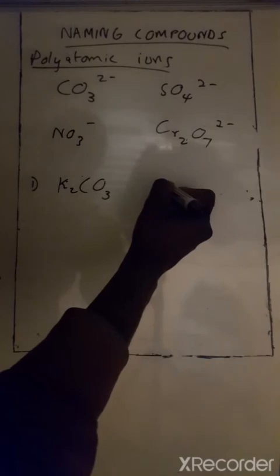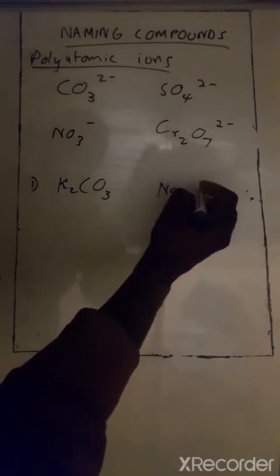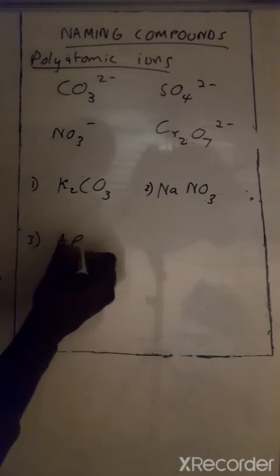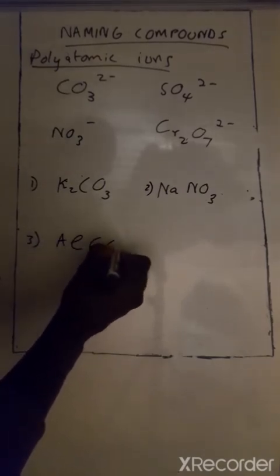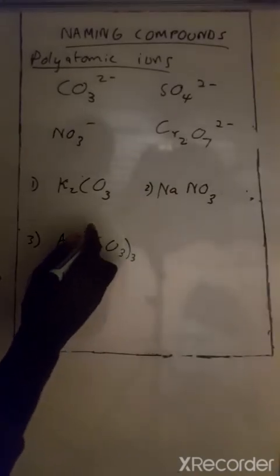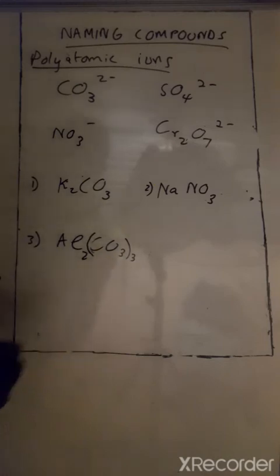Then I'm going to use sodium nitrate, and this is number 2, number 3, aluminium carbonate. I'm just going to use these few, and then I'm going to show you what is happening before we go to the last part, which are transition elements.